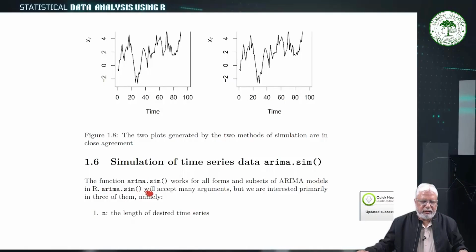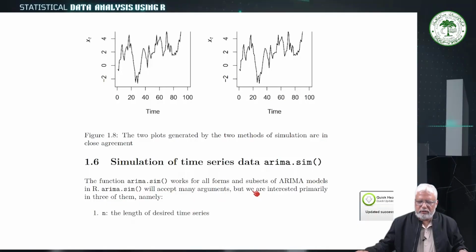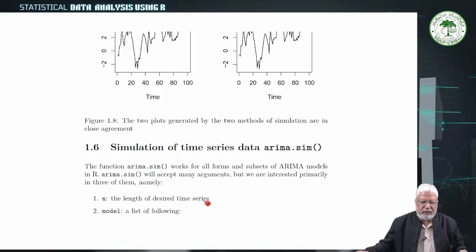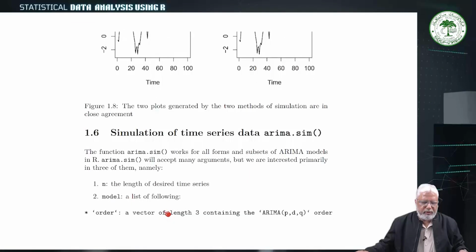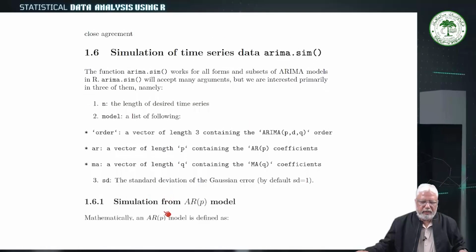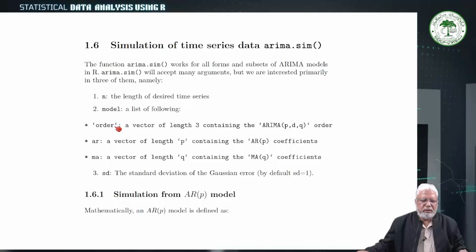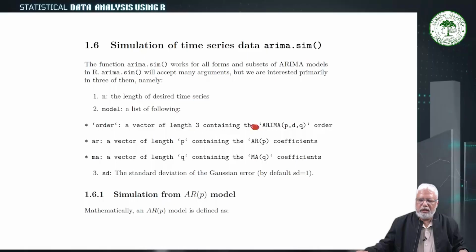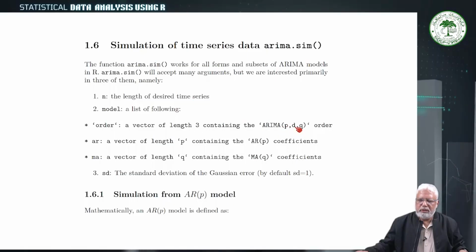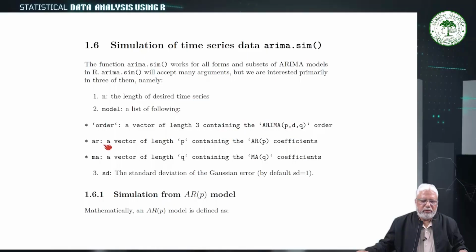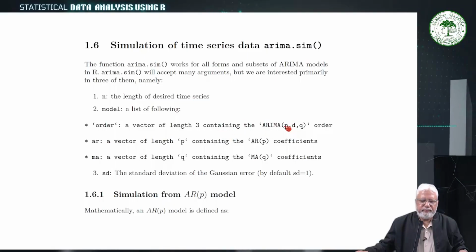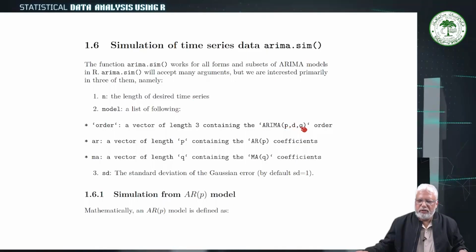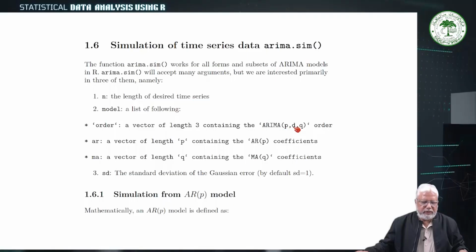In arima.sim, we can accept many arguments, but we are interested primarily in three of them. n is the length of the desired time series, model is a list of the order, that is the orders P, D and Q. Here P stands for the order of the AR model, Q stands for the order of the MA model, and D stands for the differencing.